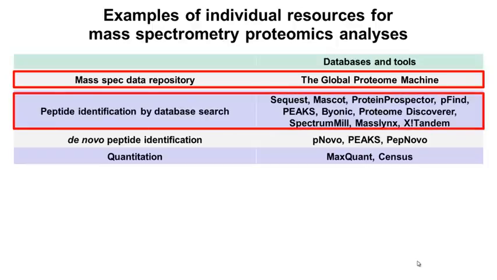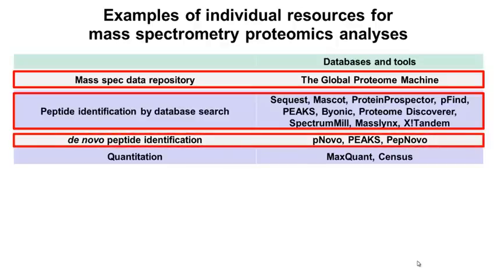There are two main types of methods to identify peptides from mass spec data. The first commonly used are methods of peptide identification by searching existing databases of proteins, including Sequest, Mascot, Protein Prospector, pFind, PEAKS, Byonic, Proteome Discoverer, Spectrum Mill, Massilynx, X!Tandem.